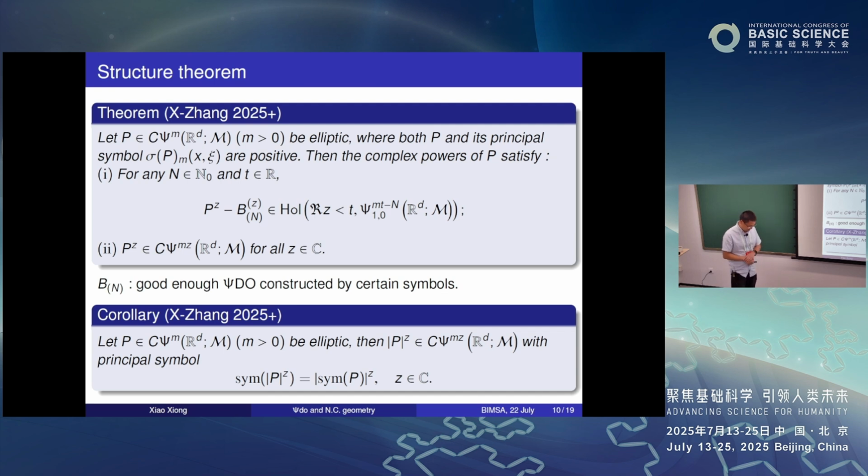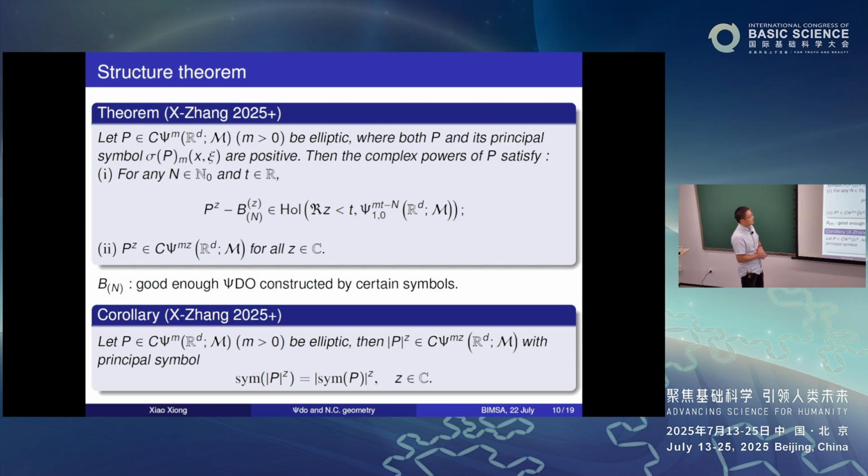So after finishing the definitions, we are able to introduce our result about the complex power.